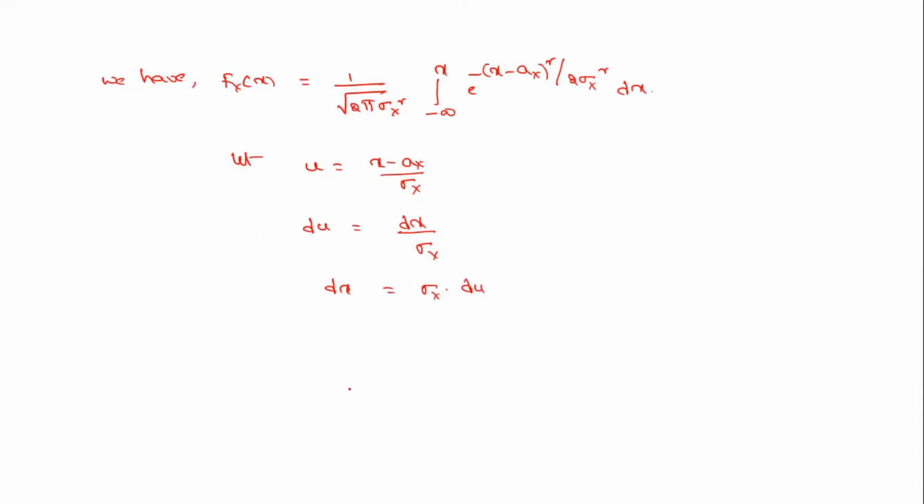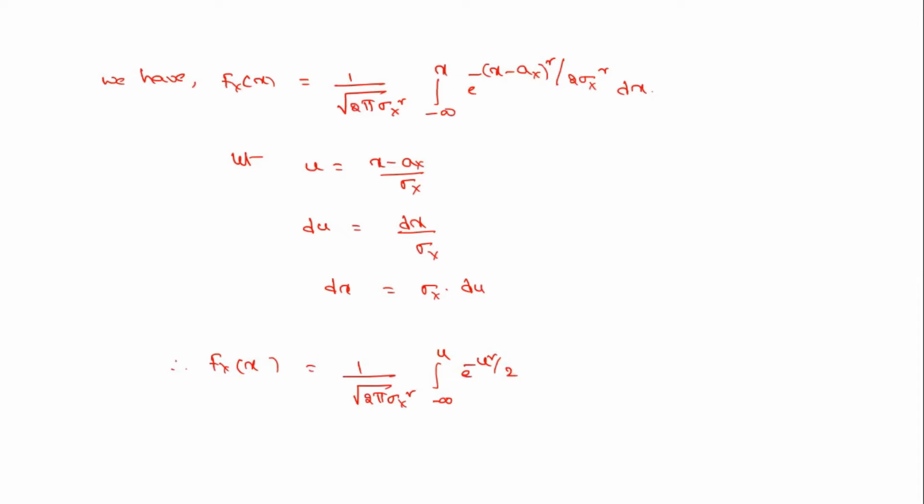So now I'm substituting this value in this equation. Therefore, fx of x is equal to 1 by root 2 pi sigma x square integral, and by substituting the limits, you can modify this as minus infinity to u, e to the power of minus u square by 2, because you are taking x minus ax by sigma x is equal to u.